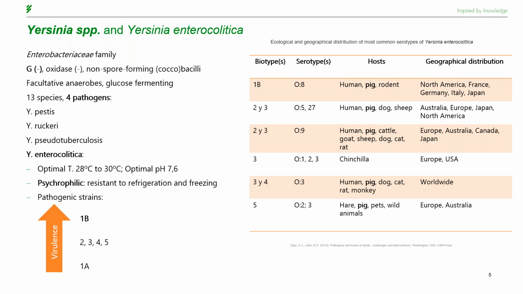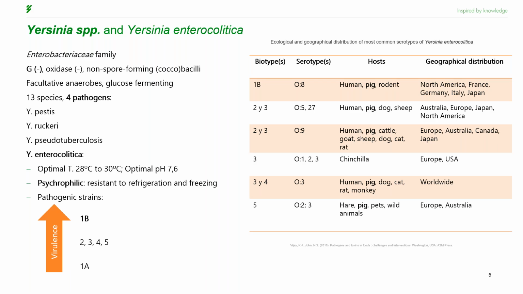So this is a serious problem because it tells us that Yersinia enterocolitica has been able to adapt to cold temperatures, and therefore the bacteria are psychrophilic, which means they can resist refrigeration and freezing temperatures, as well as repeated freeze and thaw cycles.